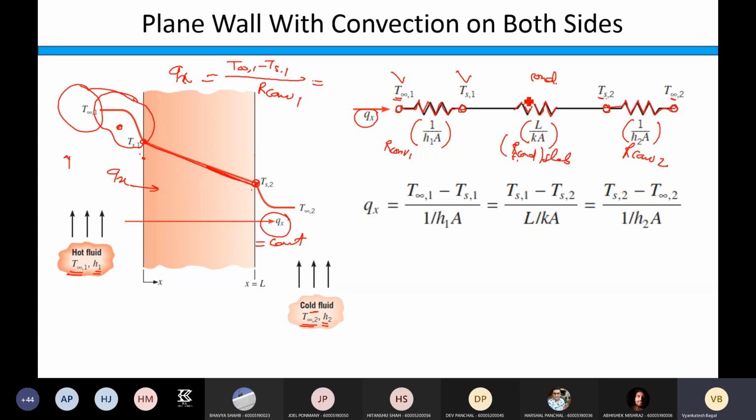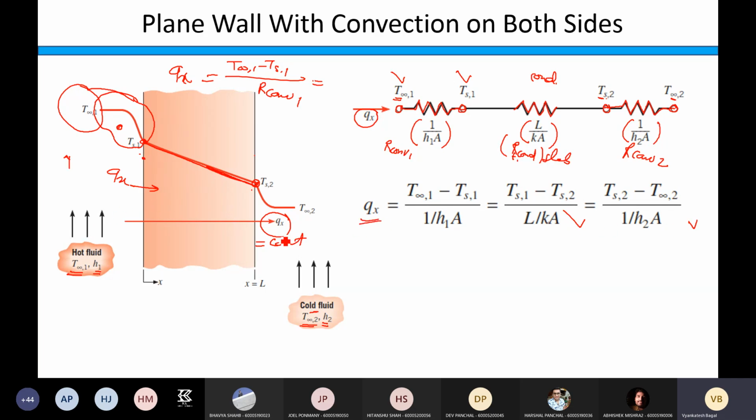So if I take the second resistance and write Ts1 minus Ts2 as the driving potential divided by the resistance L by kA, then also it is correct. Or if I take the last resistance into account and write this temperature difference divided by convective resistance 2, then also it is correct.